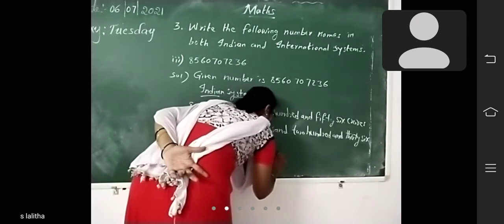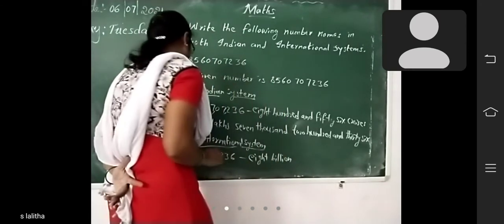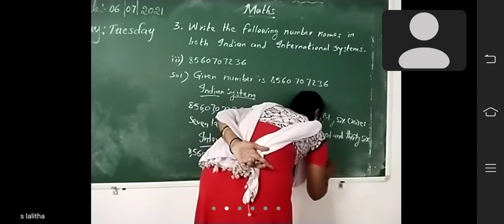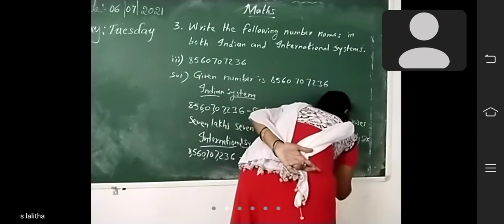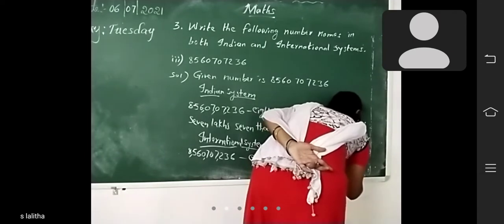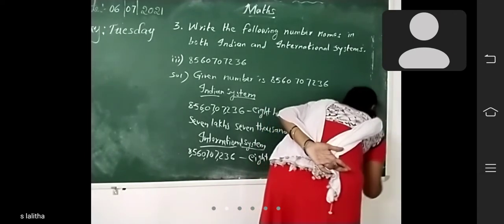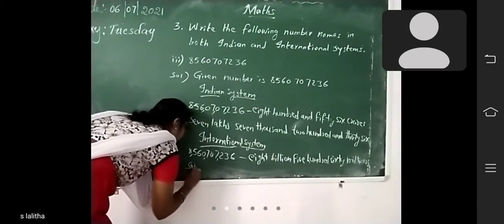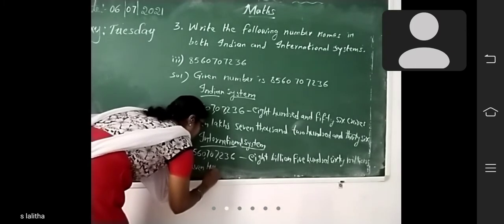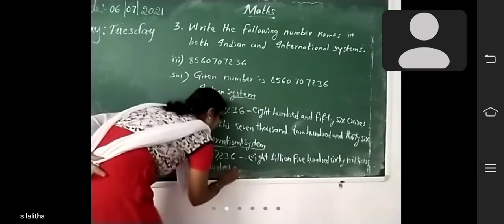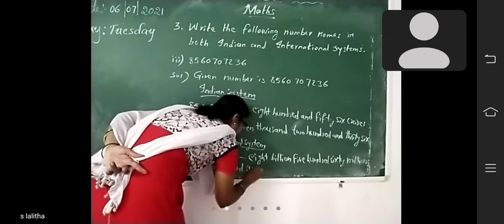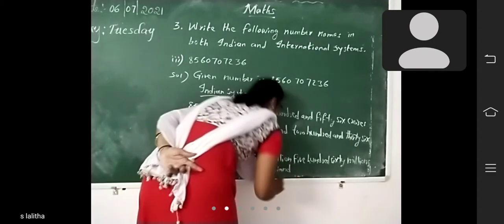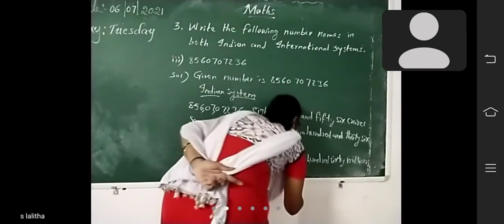8 billion, 560 million, 707 thousand, 236.